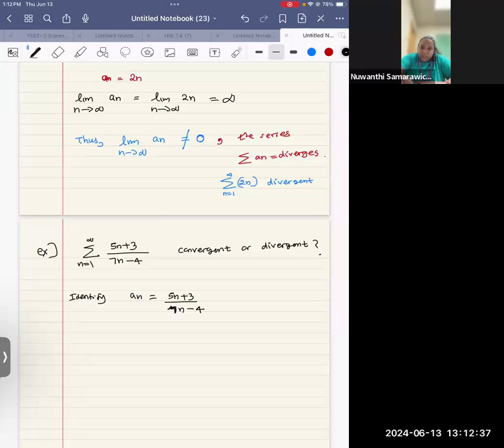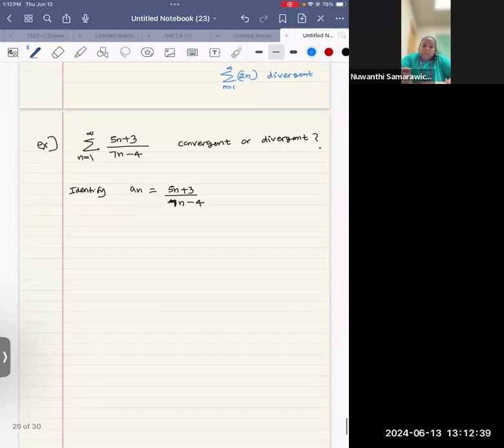Then what do we have to check? We need to check, when n approaches infinity, what happens to your nth term. So when n approaches infinity, 5n plus 3 over 7n minus 4.